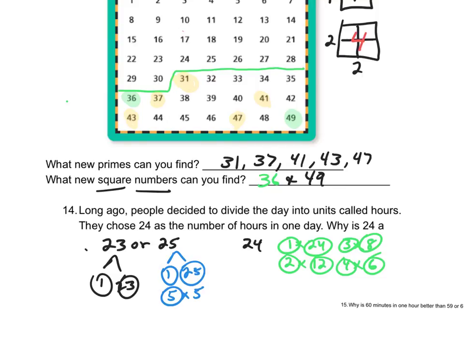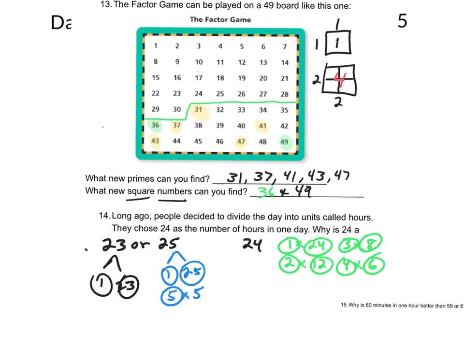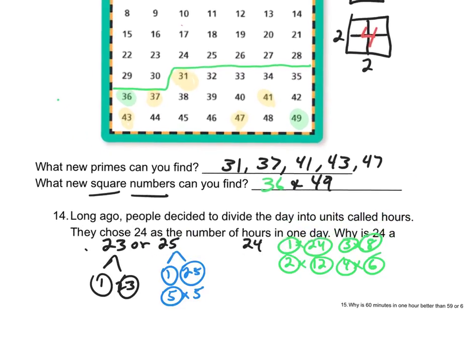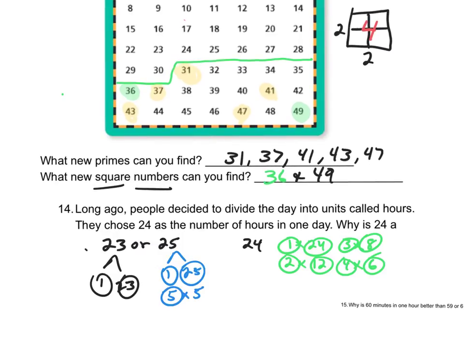That's why we use 24. There's more divisors that go into 24. It's easier to divide up 24. I don't know if that's exactly the reason why they use 24. We could look further into that. Okay, so those are the solutions for day 2 problems 10 through 15, I believe.